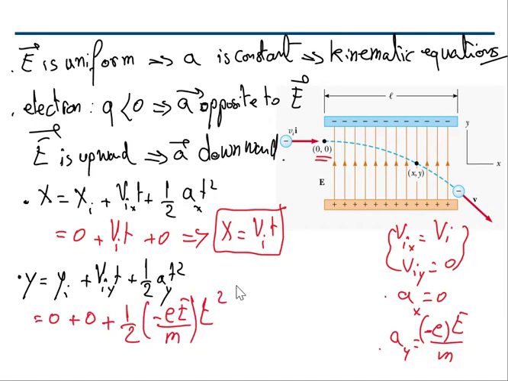So this is our equation along y. What do we have in common between x and y? We have the time. The time here is equal to x final divided by v initial.